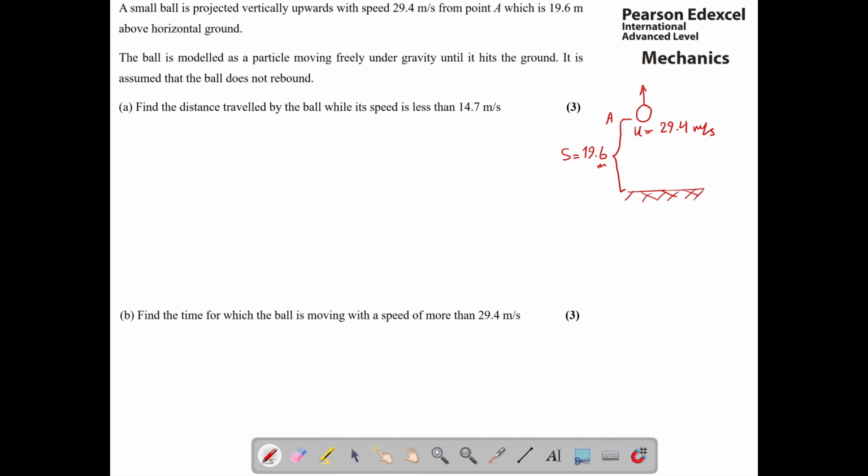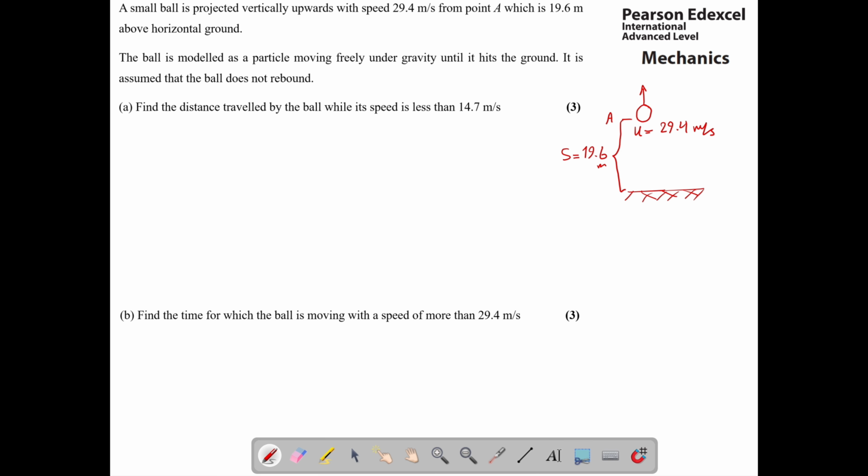Okay, let's find the distance when velocity equals 14.7 meters per second. It means that final velocity will be 14.7 meters per second.